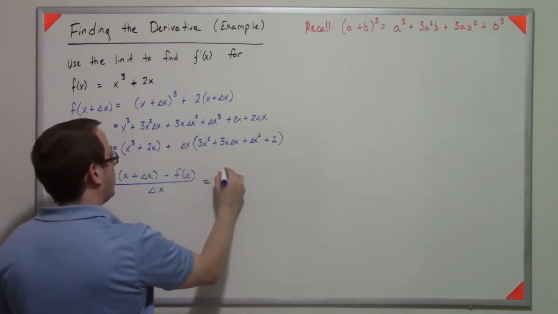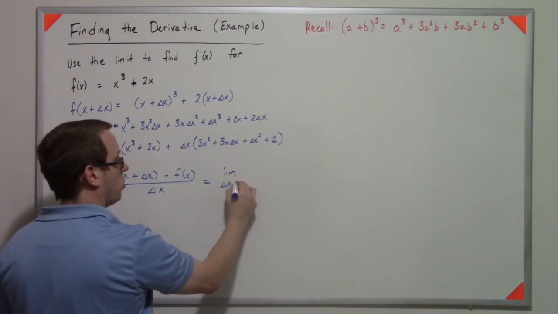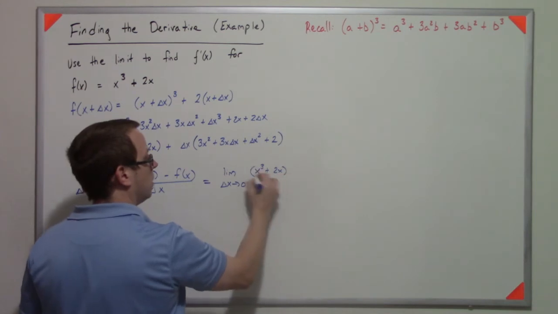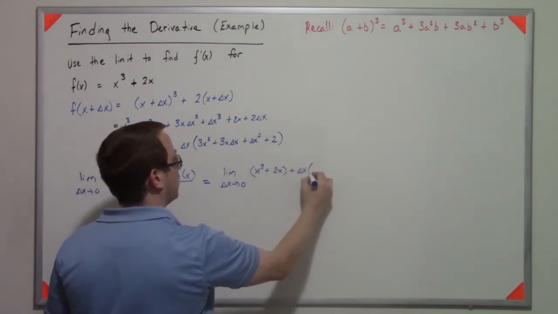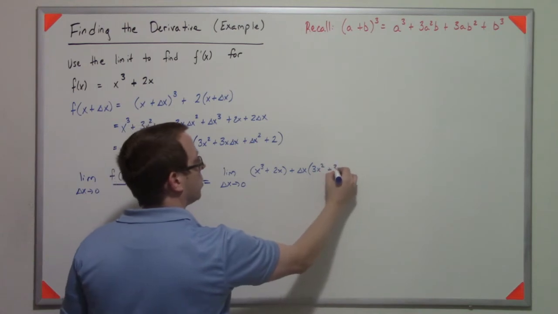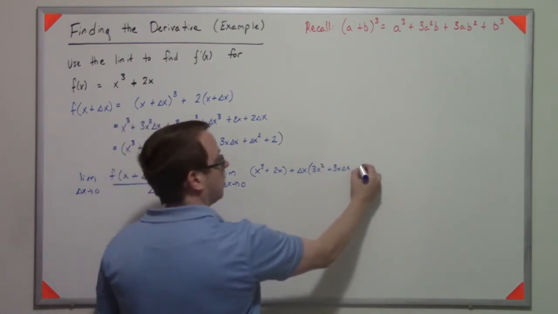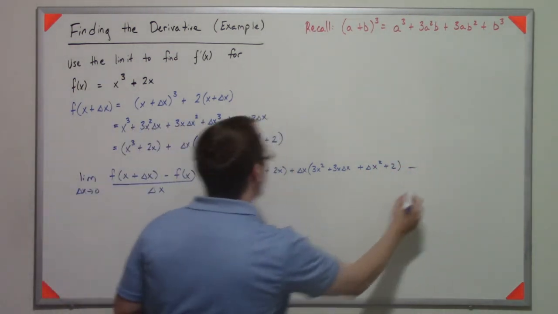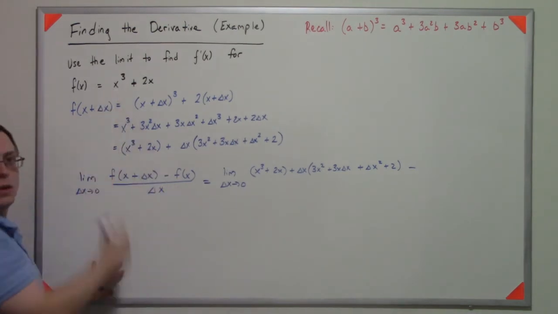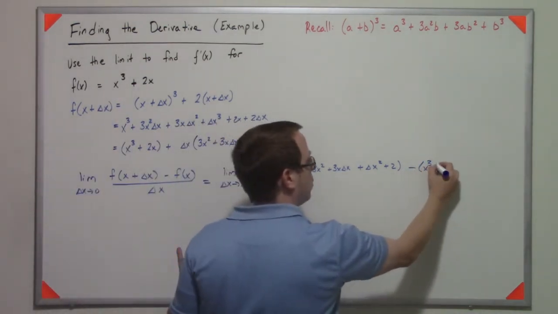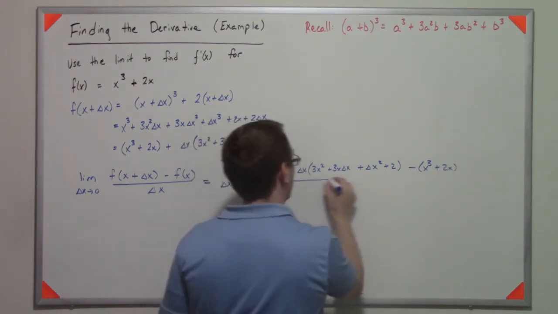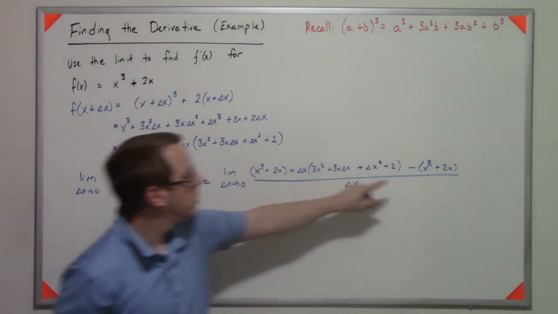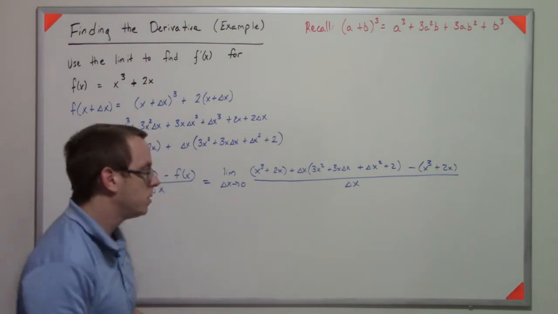We can say that's the limit as delta x approaches 0 of x cubed plus 2x plus delta x times (3x squared plus 3x delta x plus delta x squared plus 2), yikes, minus the original function, x cubed plus 2x. Well, lo and behold, this cancels with that. It's almost like I did that on purpose.